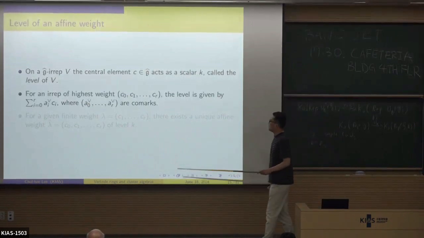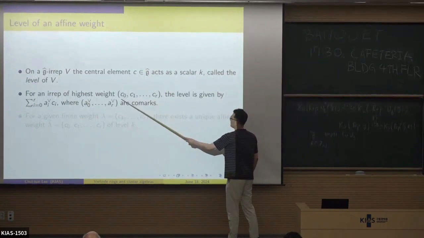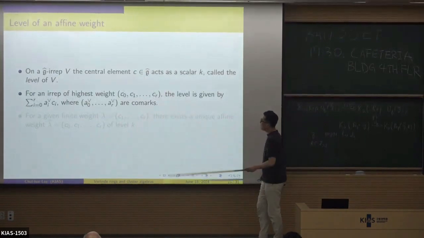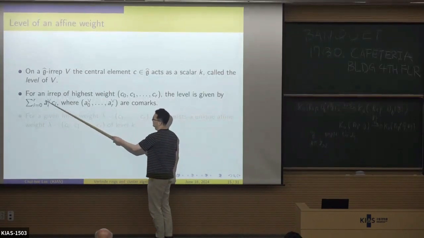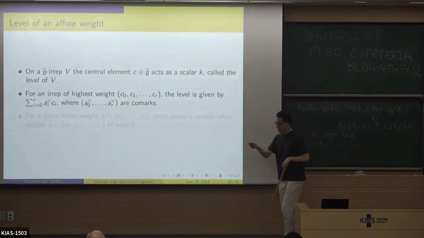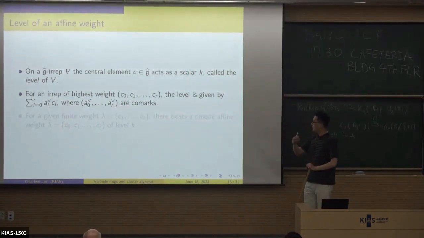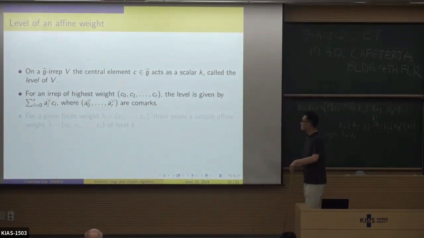When you have a highest weight, an (r+1)-tuple of non-negative integers, the level is given by the sum of these numbers weighted by the comarks that I defined as the null vector of the transpose of the GCM for this Lie algebra.